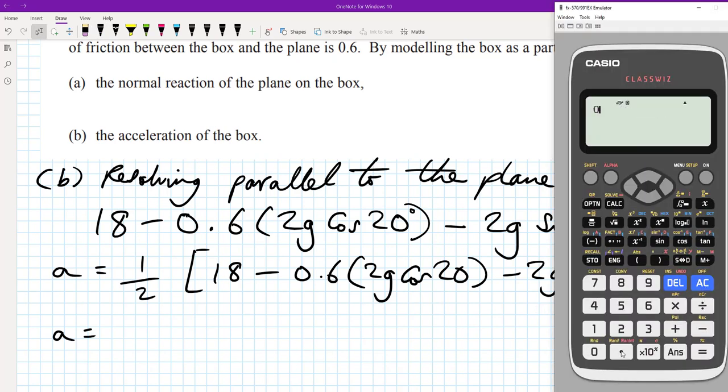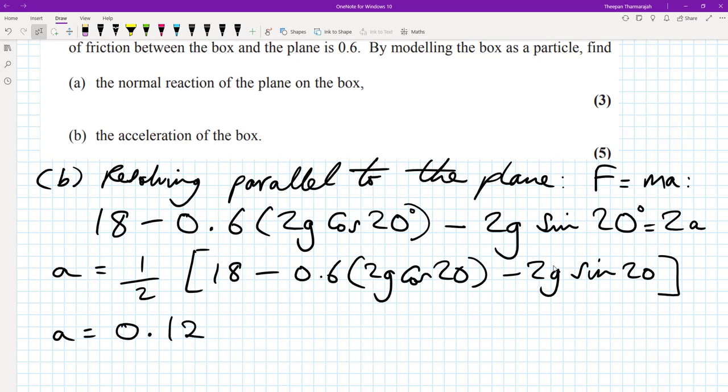So we're going to say 0.5 times 18 minus 0.6 times 2 times 9.8 times cos 20 minus 2 times 9.8 times sine 20. And so we get 0.123 meters per second squared.